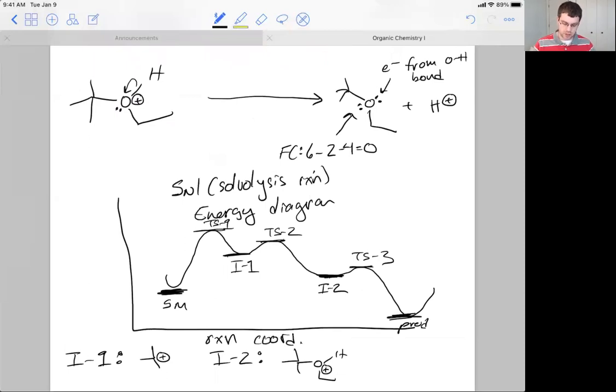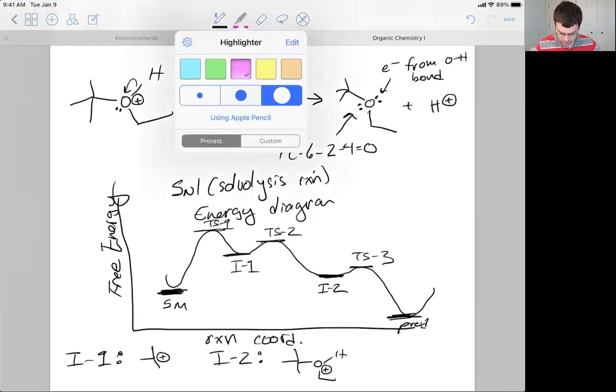We updated our energy diagram because we had to capture the additional intermediate that forms during the solvolysis reaction, because we have a neutral nucleophile that adds and eventually then loses hydrogen to give rise to a neutral product. It's important to note that TS1 is still the rate determining step.